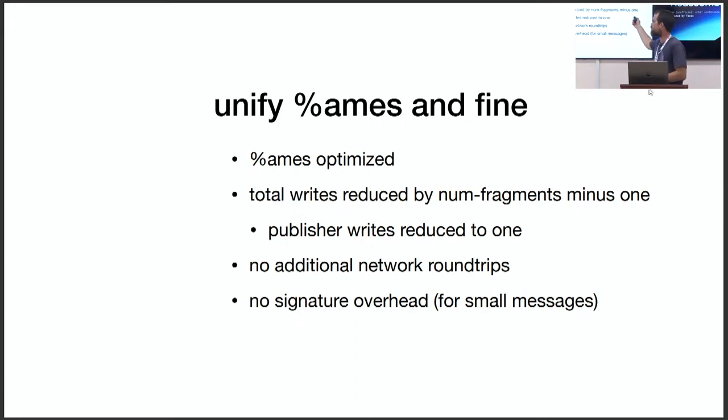But when you factor things like this, the total number of event log writes involved in sending an AIM-style message, where it's a command being pushed from one ship to another, is reduced by the number of fragments minus 1. We go from 2 times the number of fragments, where a fragment is 1 kilobyte, to the number of fragments plus 1. And on the publisher side, on the sender of this command, the writes involved are reduced to 1.